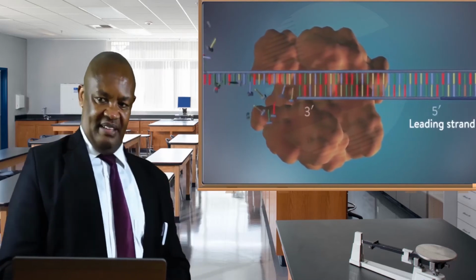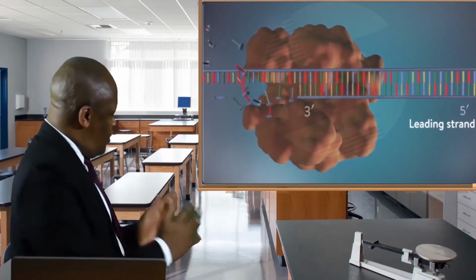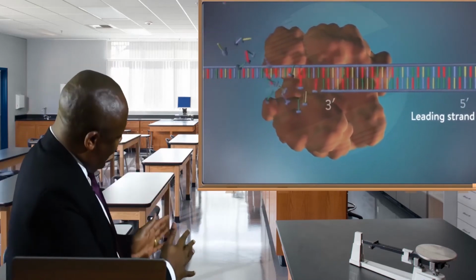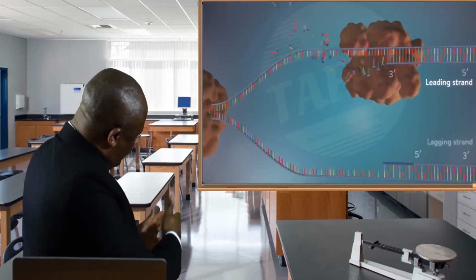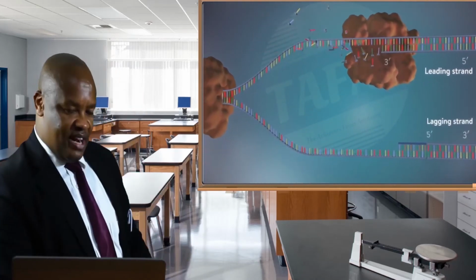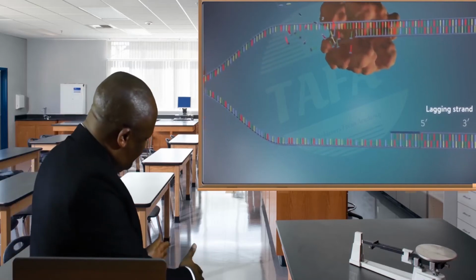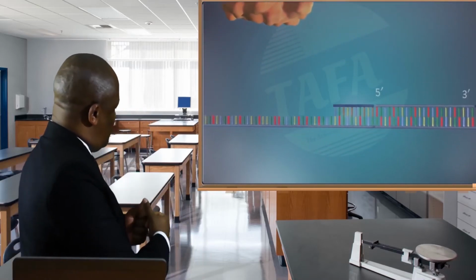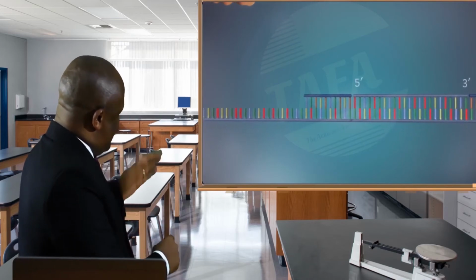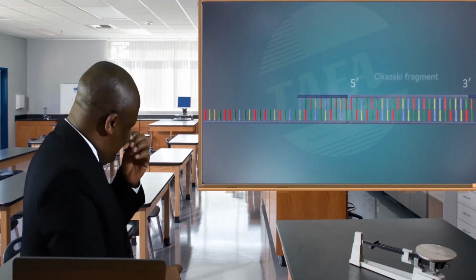After unwinding and unzipping, nucleotides will come and align themselves along the parent DNA strands. They align themselves according to the base sequence on the DNA strand.